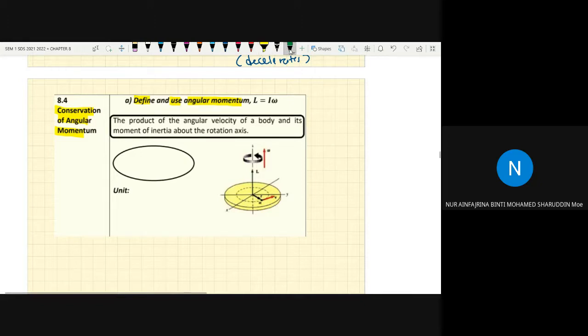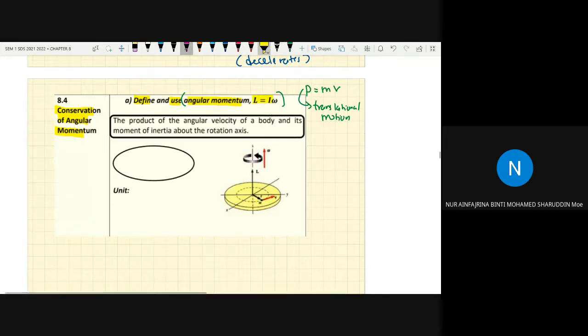Okay, kalau dalam translational motion, kita tahu momentum equals to mv. But untuk rotational motion, kita panggil dia angular momentum dan formula dia adalah L equals to I omega.